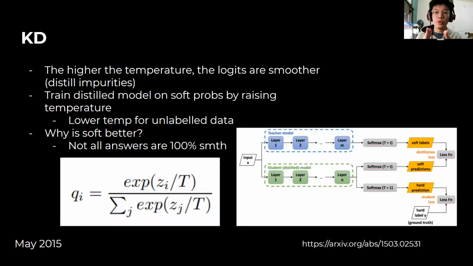So the logits at that position should not be 0. It should still retain some characteristics of a cat, which are the sharp ears. And that's why we also saw label smoothing last week when we talked about regularization. It's just a way of learning without using hard labels.